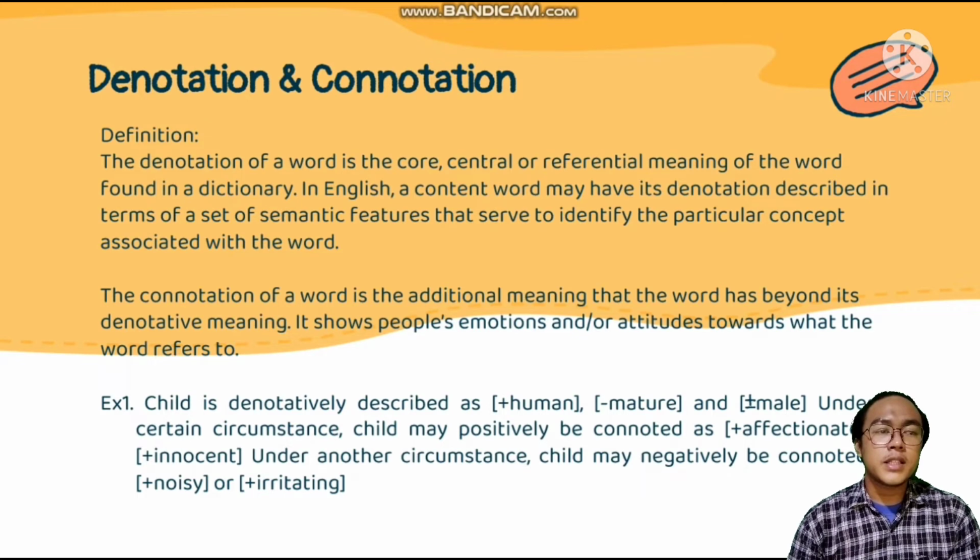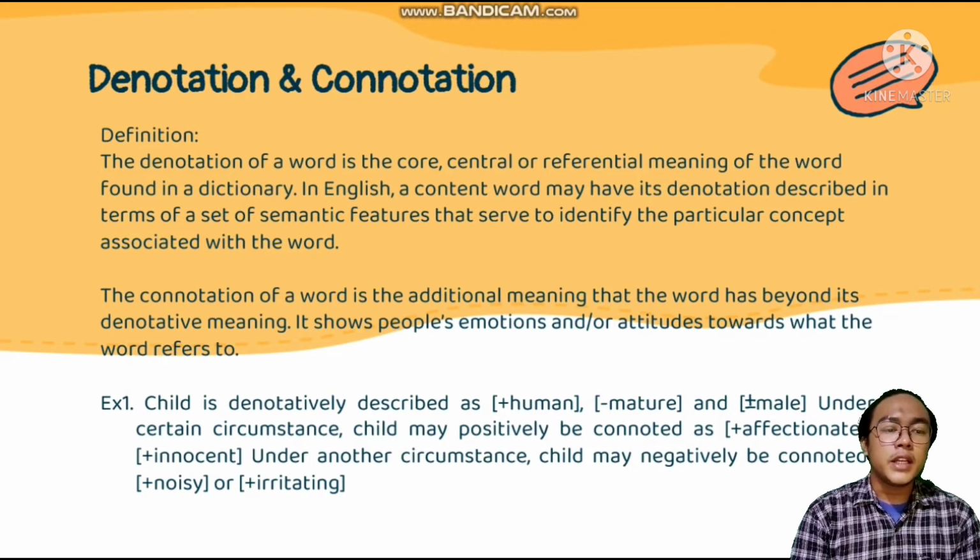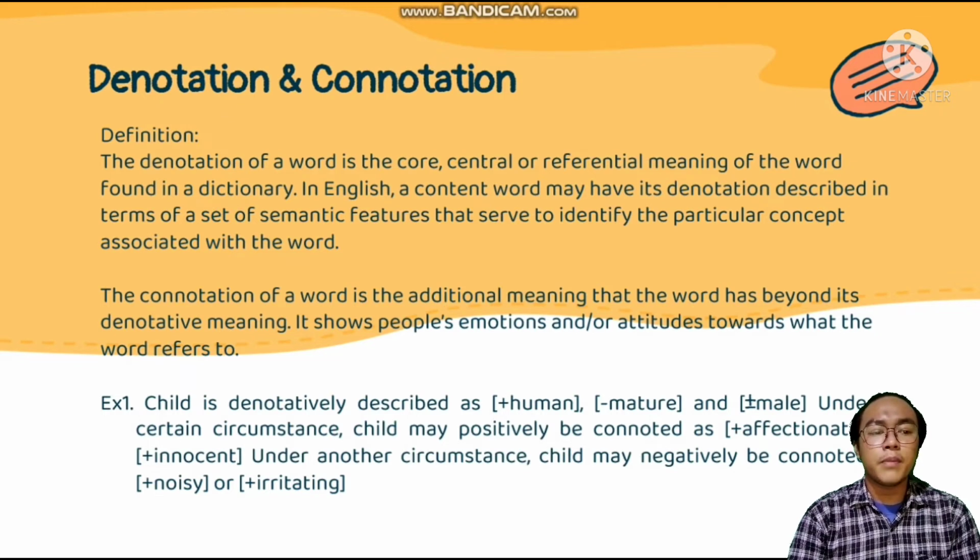Okay, in this slide is denotation and connotation. Definition: the denotation of a word is the core, central, or referential meaning of the word found in a dictionary. In English, a content word may have its denotation described in terms of a set of semantic features that serve to identify the particular concept associated with the word.